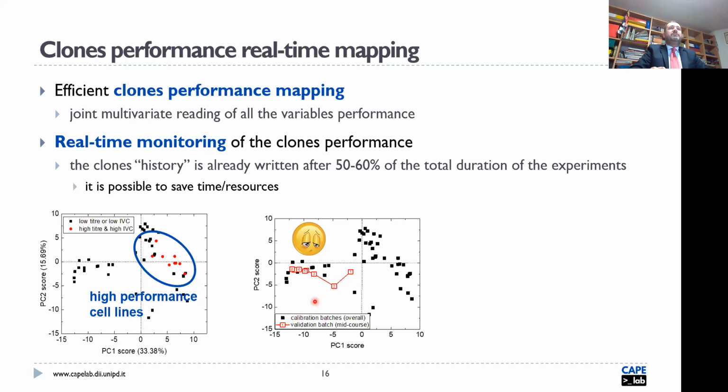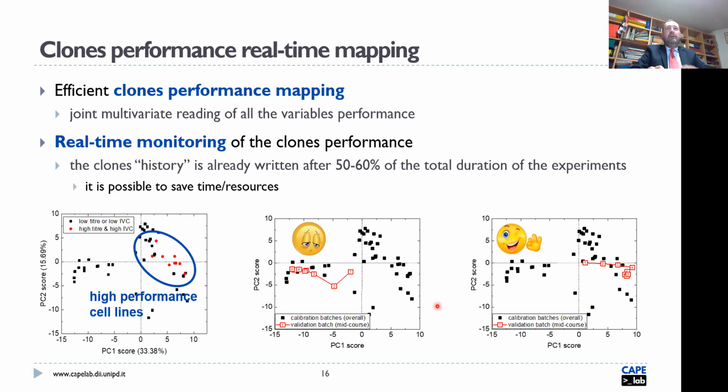So this means that this cell line should be discarded. In this new map, we can see that we projected the batch measurement for a cell line which progresses towards the zone of the high-performance cell lines, indicating that this is a cell line that should be progressed in the scale-up.